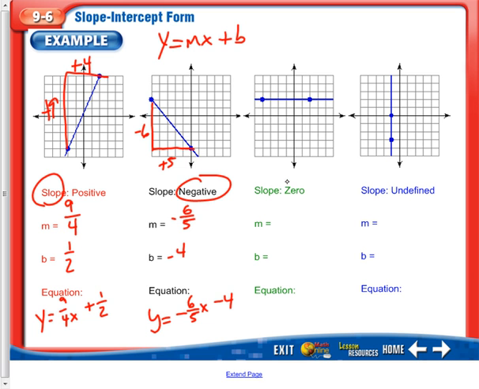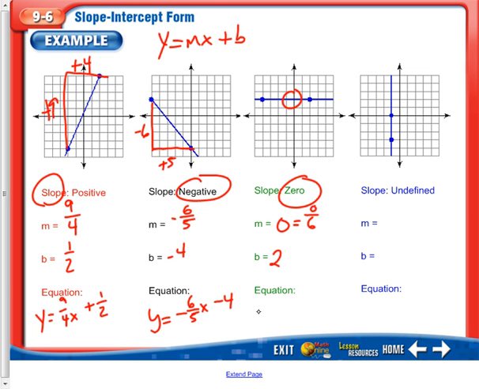Now for this one, the slope is 0. Why is it 0? Because it's not rising or running. So m just equals 0. You could say for this problem it's going 6 to the right, so 0 over 6, but that just equals 0 anyway. So we just say the slope is 0. Where is it crossing the y-axis? Right here at 2, so b is 2.